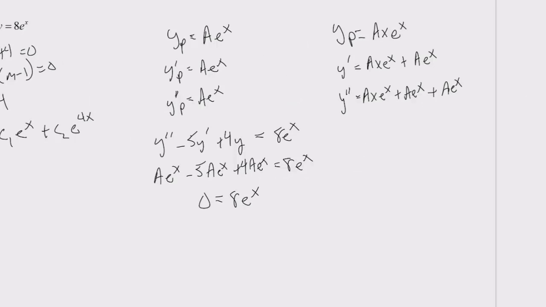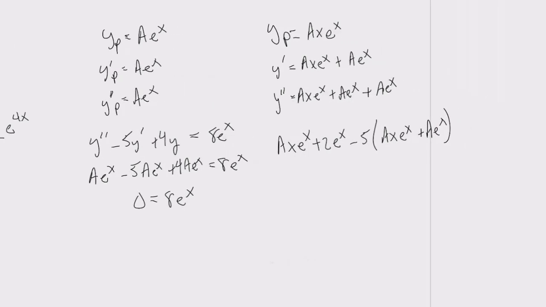Okay, so let's evaluate now y double prime minus 5y prime plus 4y. So that would be a x e to the x plus 2a e to the x, minus 5 times a x e to the x plus a e to the x, plus 4a x e to the x.